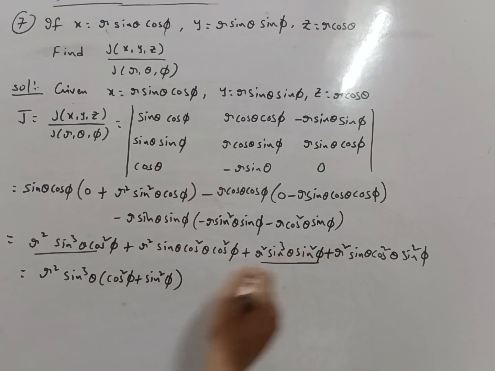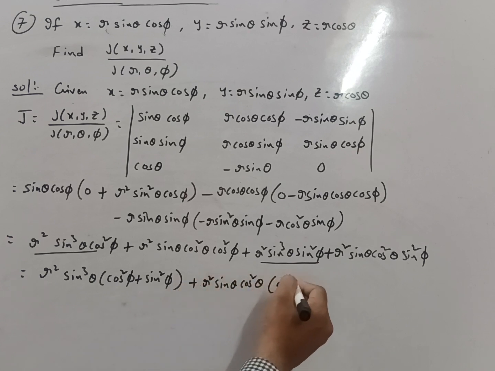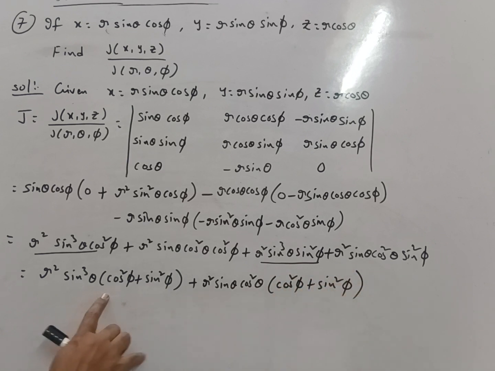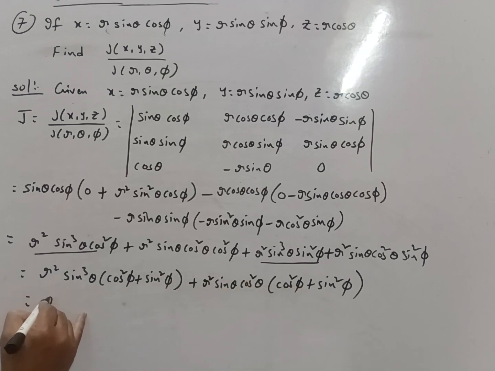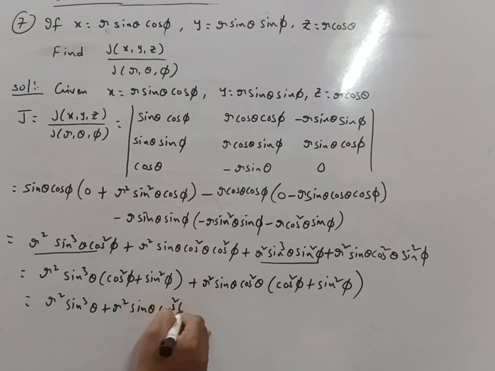From here and here, what we can take common, ma? R square sine theta cos square theta common. I get cos square phi plus sine square phi. So cos square phi plus sine square phi is what? 1. So this part also becomes 1. So what is left? R square sine cube theta plus r square sine theta cos square theta is left.